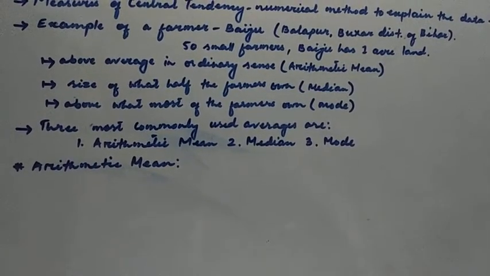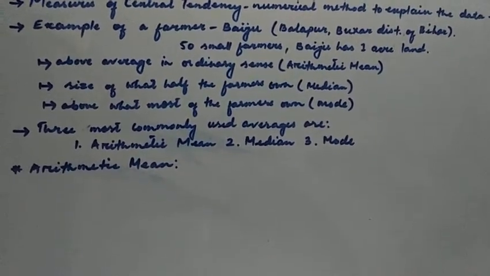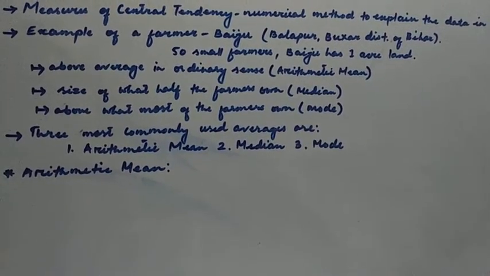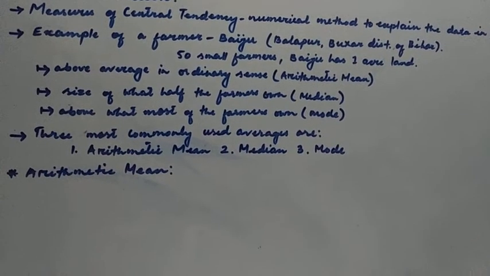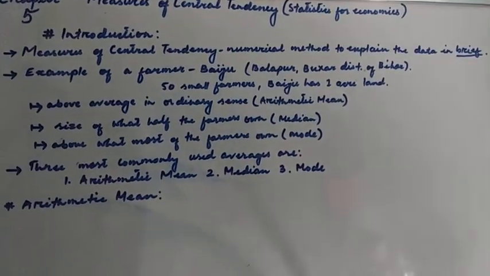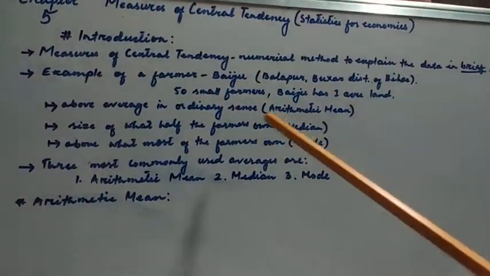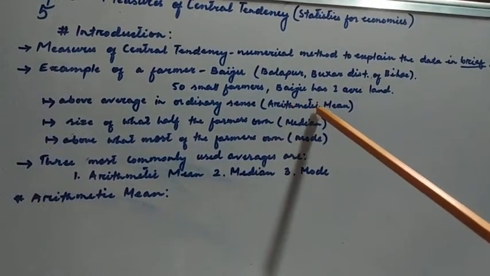And for that, you may want to see if the land owned by Baizu is above the average, in ordinary sense, that is, you have to see the arithmetic mean.